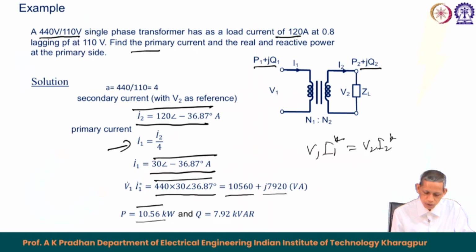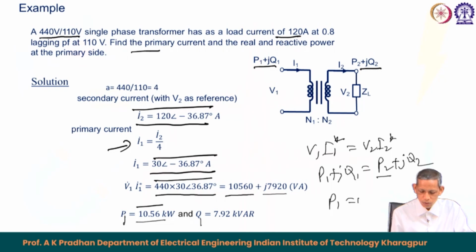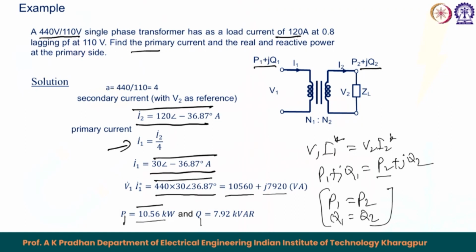So, this results in P1 plus jQ1 equals P2 plus jQ2. That implies that the question asks about P1 and Q1, but similarly P1 will be equal to P2 and Q1 will be equal to Q2 for this ideal transformer case.